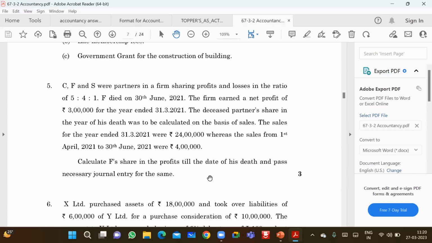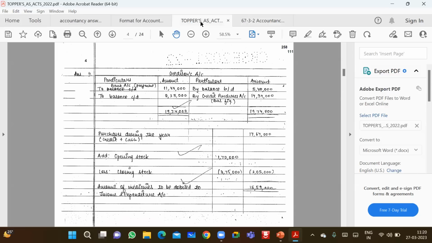Now here there are two parts in this question. One part is regarding the working note and another part is regarding the journal entries. Now let's see how the student had written the answer.